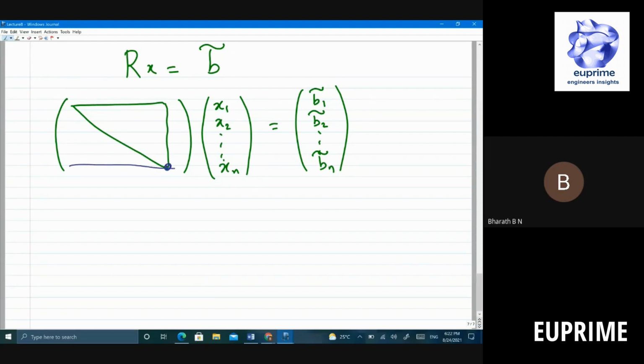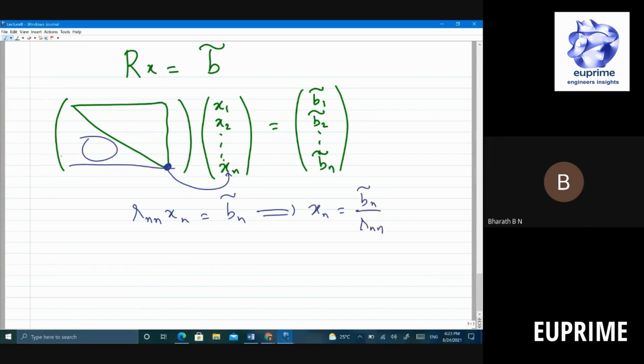There is only one term here, because the rest is all 0. This number gets multiplied with xn. Let me call this Rnn, because this is the nth entry of the R matrix. Rnn times xn is bn tilde. How easy is that? So I know what xn is: bn tilde divided by Rnn.